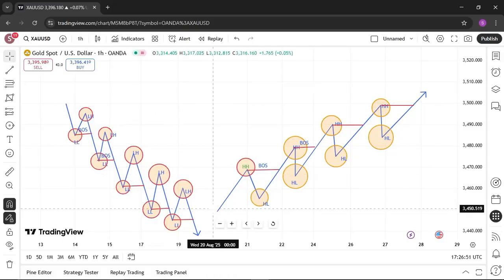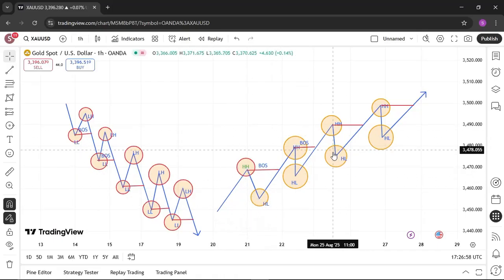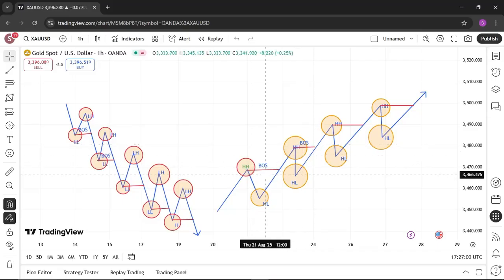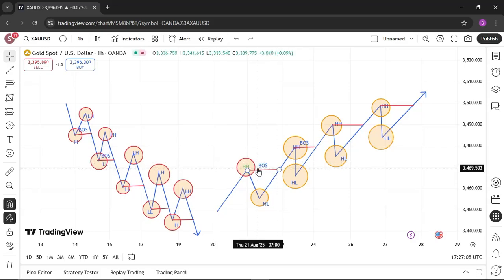Now let me use this uptrend as an example. If the market is moving in an upward direction, creating higher high and higher low, you must have this higher high and higher low for your uptrend to be valid, and you must have a break of structure. Now this higher high is a structure.